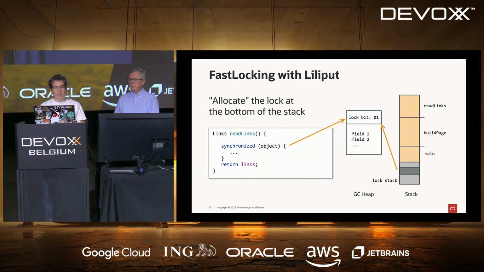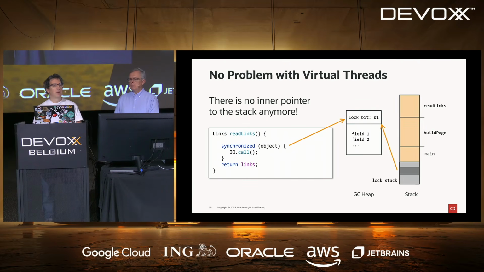So by doing this, now there is no pointer in the middle of the stack anymore, which means that a virtual thread can be copied without any problem.